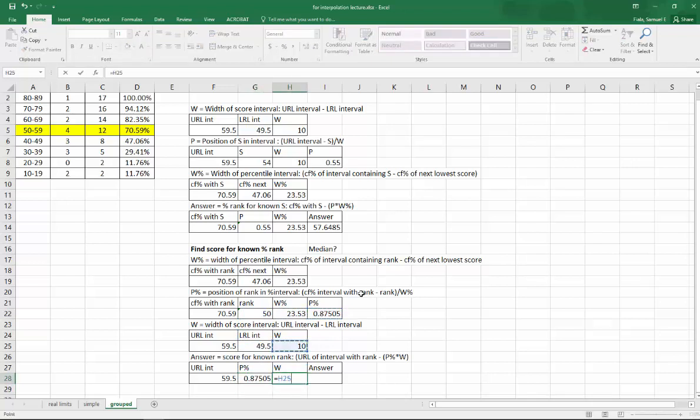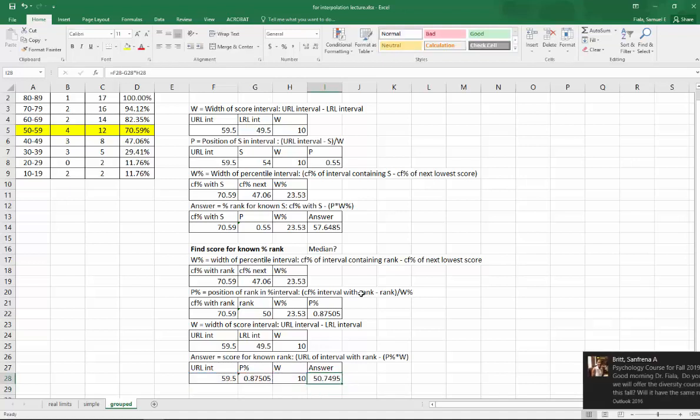W, the width of the interval, we calculate as 10. So the answer is simply upper limit minus P times W. So the median is at 50.7495.